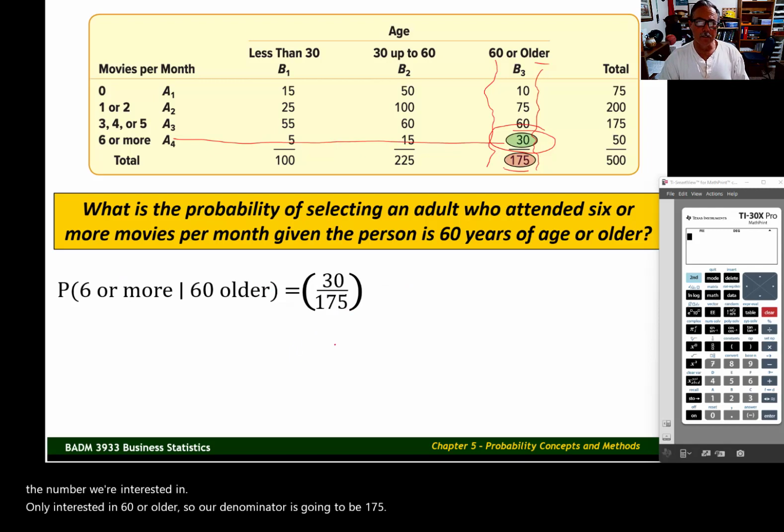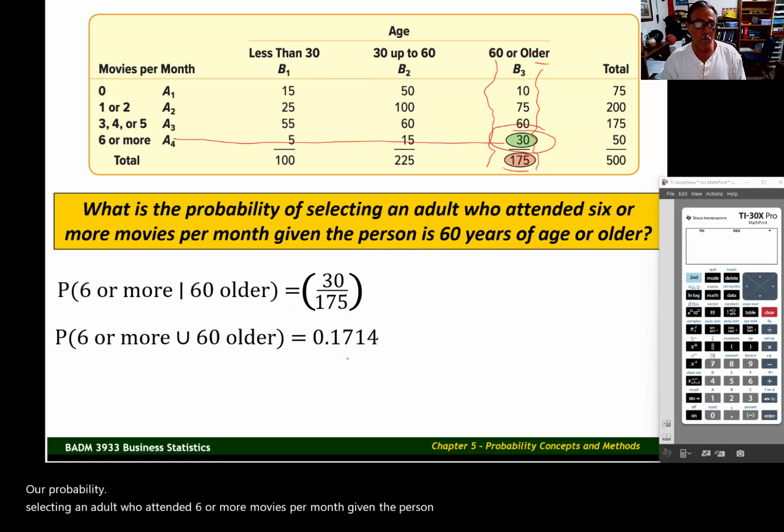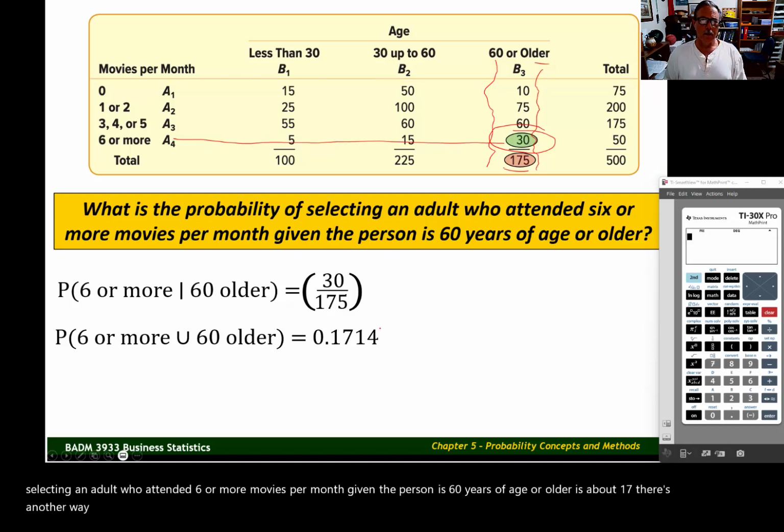Our probability of selecting an adult who attended 6 or more movies per month given the person is 60 years of age or older is about 17%. There's another way of wording this. What we could ask, what is the probability of someone 60 or older seeing 6 or more movies in a month? Now, to me, that's an easier way of wording it.